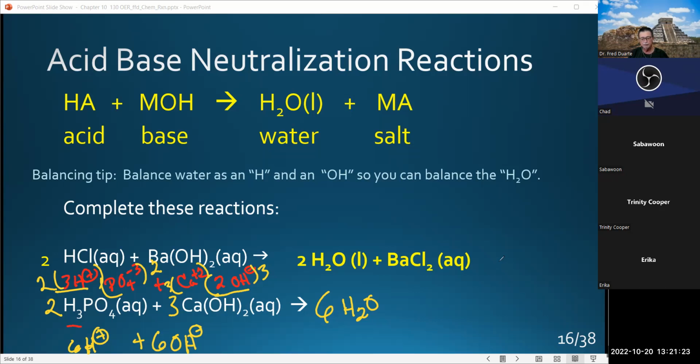Let's write them over here to refresh your memory. Remember how we did that? Again, we find a common factor. So a common factor is 2 phosphates and 3 calciums, which is what we have here by default. So let's write the formula here.